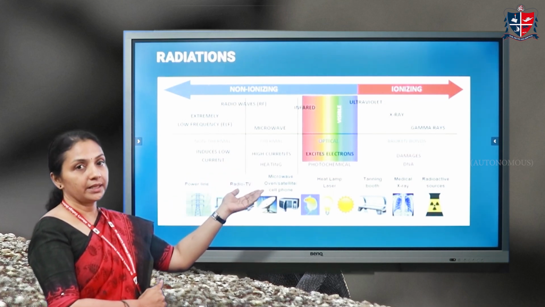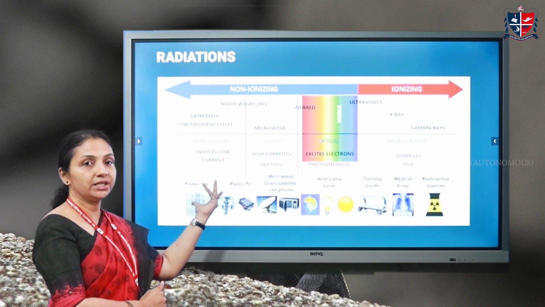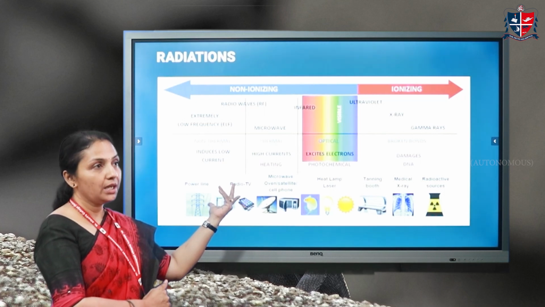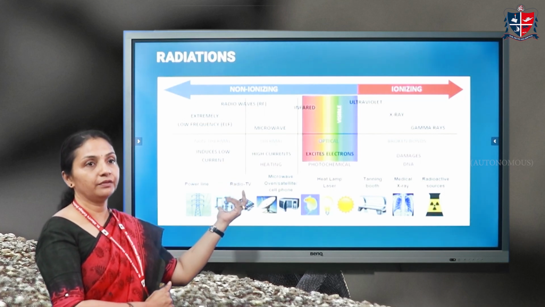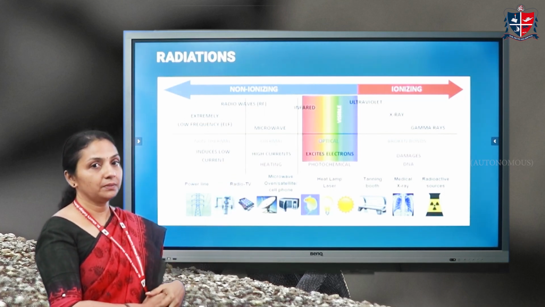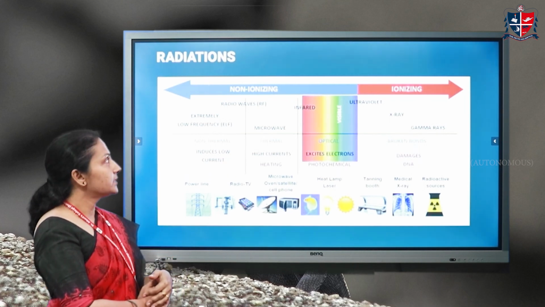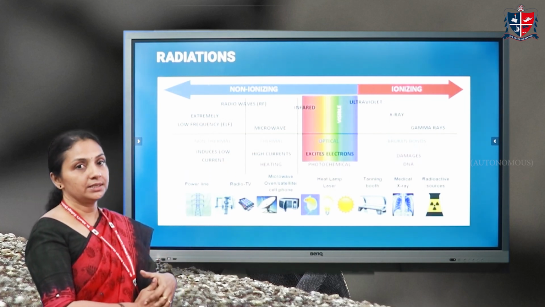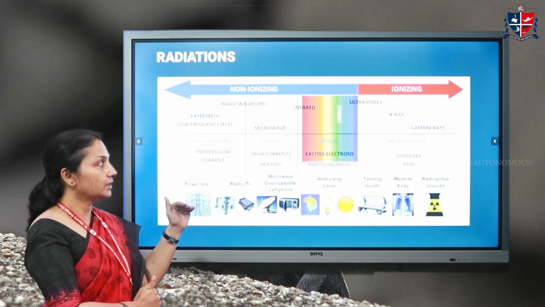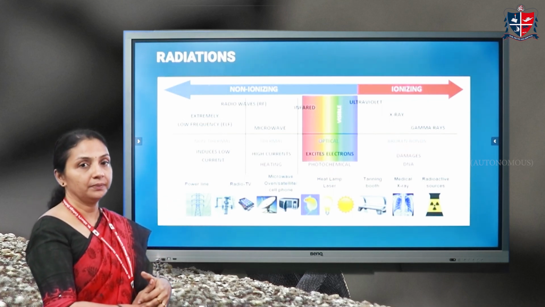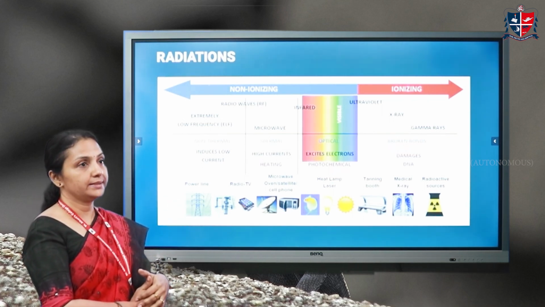Ionizing radiations cause ionization, whereas non-ionizing radiations do not cause ionization. Ionization is the removal of electrons from atoms or molecules, and ions are released. So both these radiations, which come under the electromagnetic spectrum, can be used for sterilization purposes.